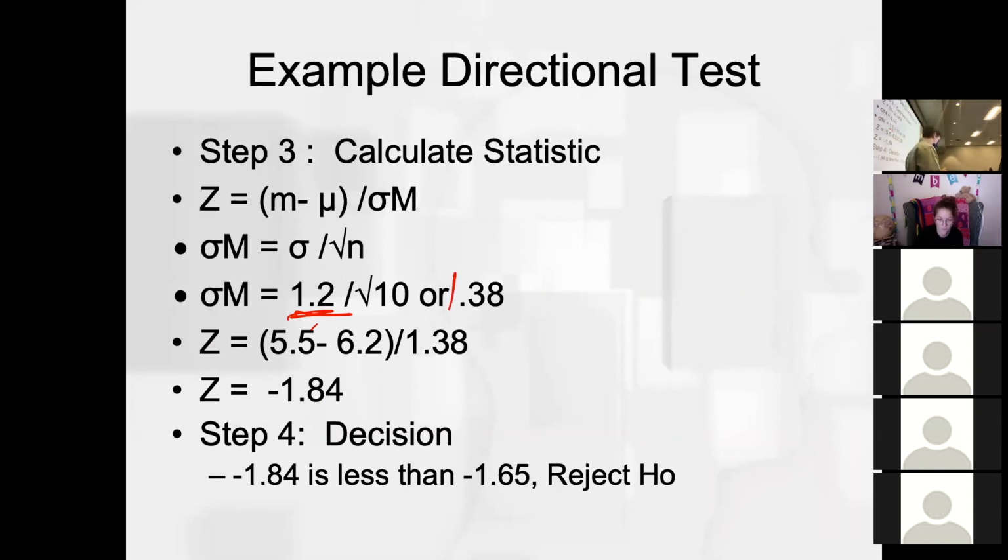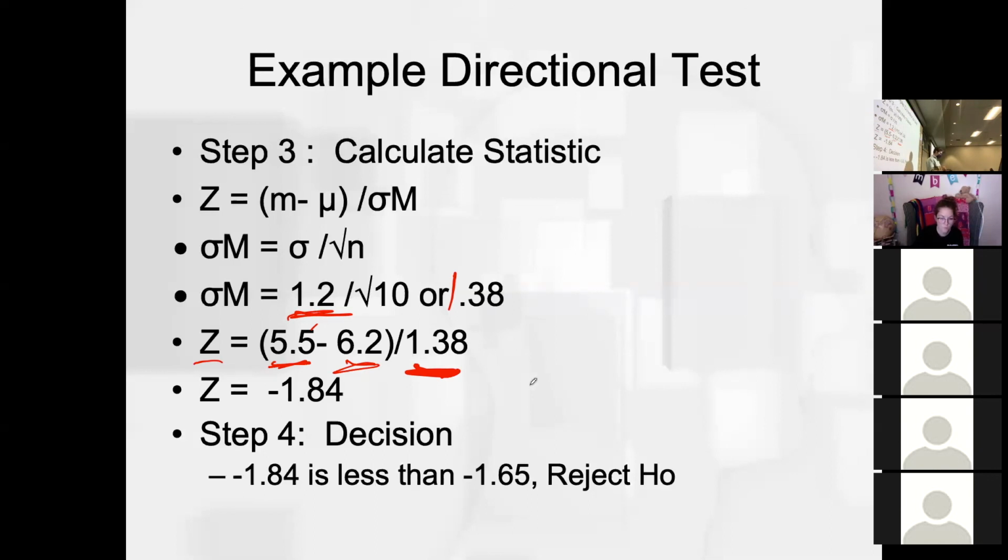Yeah. All right. Man, this slide is riddled with all sorts of mistakes. My apologies. All right. So the z-score is going to be our sample mean minus the population mean. So 5.5 days minus 6.3 days divided by that standard error, or that 0.38. That gives us a z-score of negative 1.84.